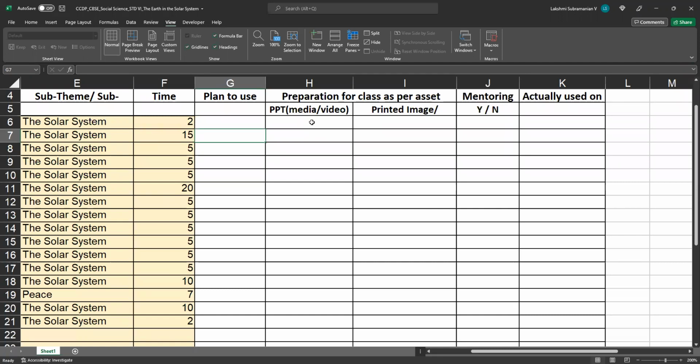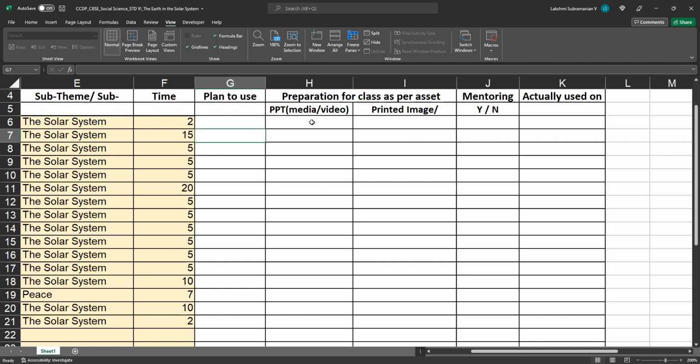If you are not able to use a PPT to show that, you may like to use the chart. Again, the school will not have every single chart available at every single classroom. If you talk about the solar system, the school may at best have one or two charts.